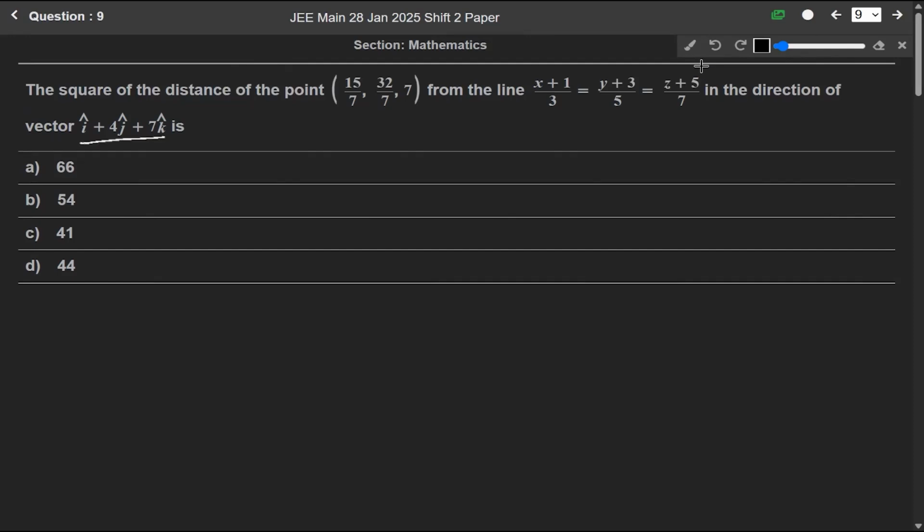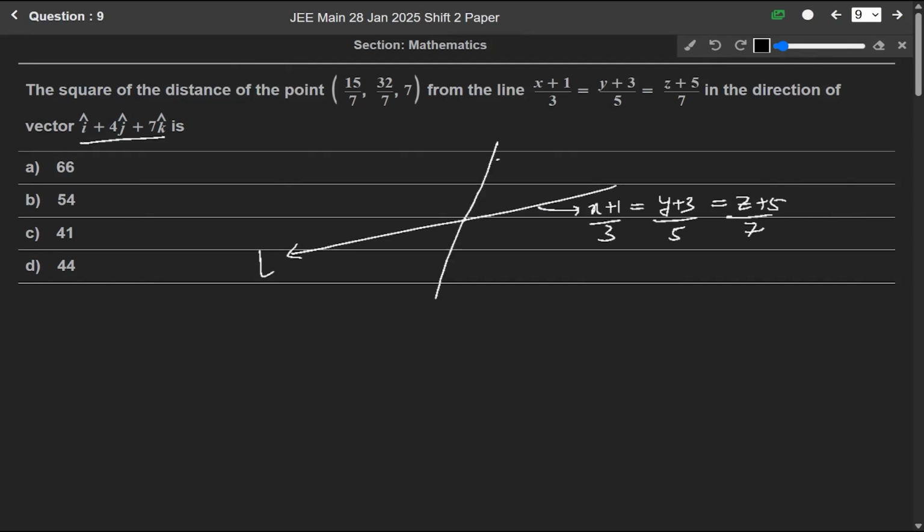Let us say this is the line L, and these are the coordinates 15 by 7, 32 by 7, 7. And in the direction of the vector i cap plus 4j cap plus 7k cap, we have to find the square of the distance of this point from this line.